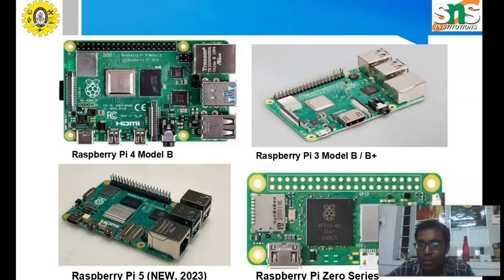It has no wireless and it is very compact. Whereas the Raspberry Pi Zero W model has Wi-Fi and Bluetooth connectivity. Whereas the Raspberry Pi Zero 2 W model is very small like the Zero W, but much more powerful, and it is better used for edge computing applications.